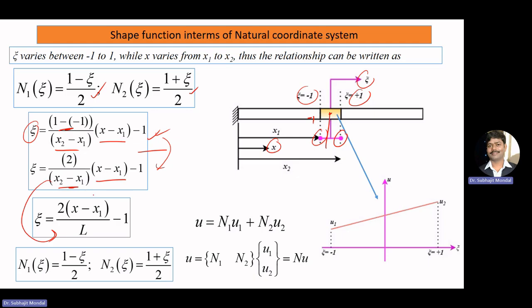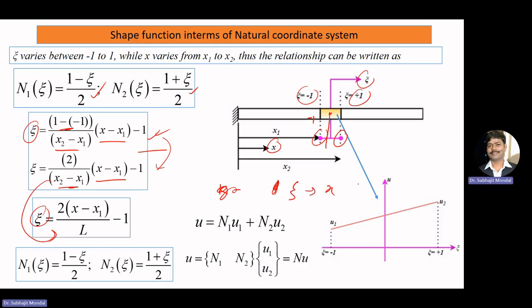Here x2 minus x1 is nothing but your L. So if this is our xi, you will observe that when we write the shape function in our natural coordinate system and try to derive the stiffness matrix in our physical coordinate system, at that time we need the correlation between xi and x.